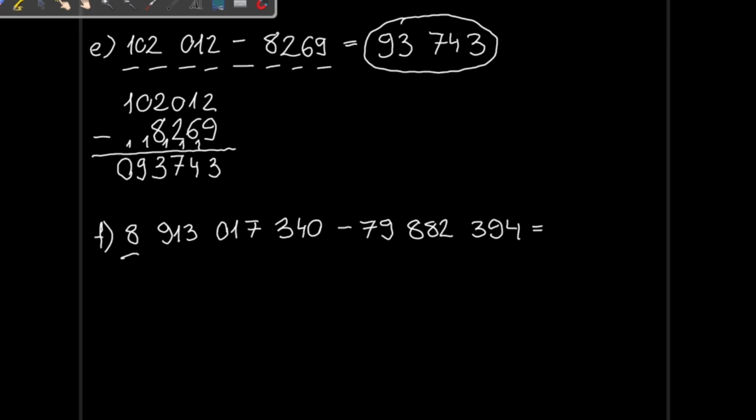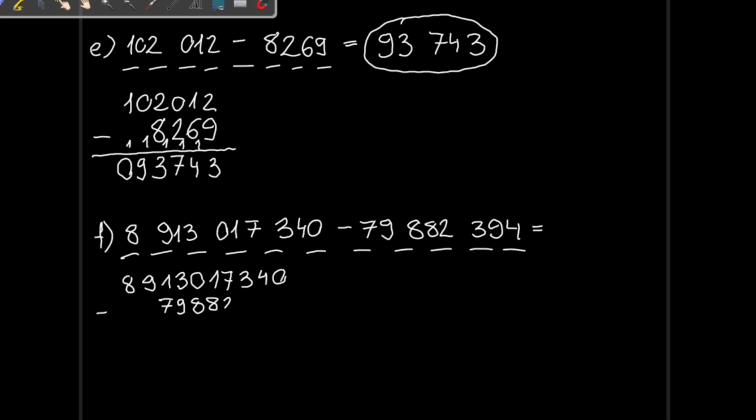Okay, what is that? Okay, we have a 10-digit number here, and we have an 8-digit number here. I just need to write these two down. I need to make sure to not mess it up anywhere. Let's see, 7, 9, 8, 8, 2, 3, 9, and 4. Okay.